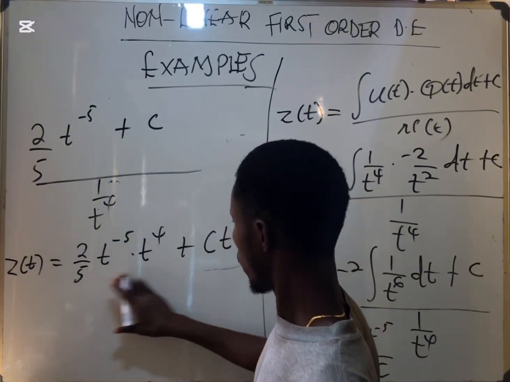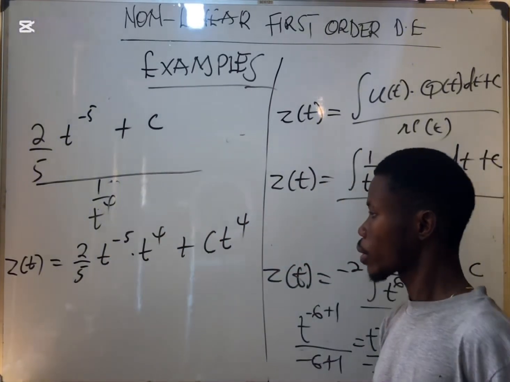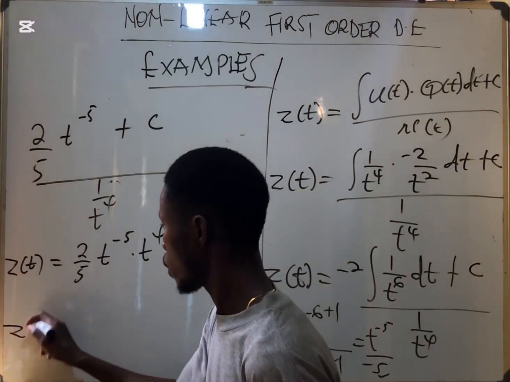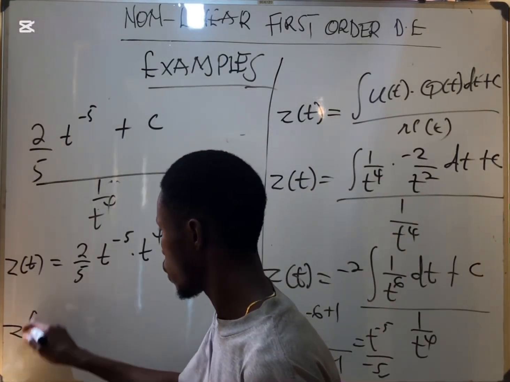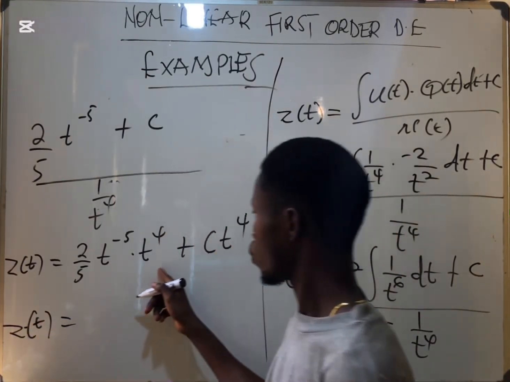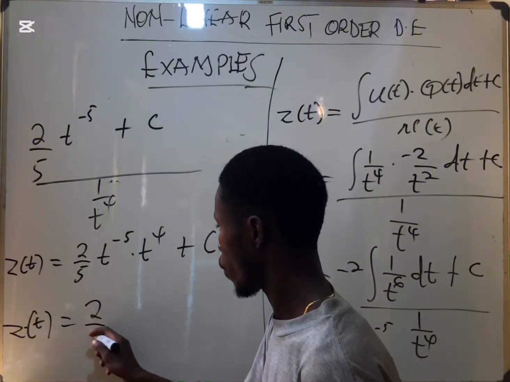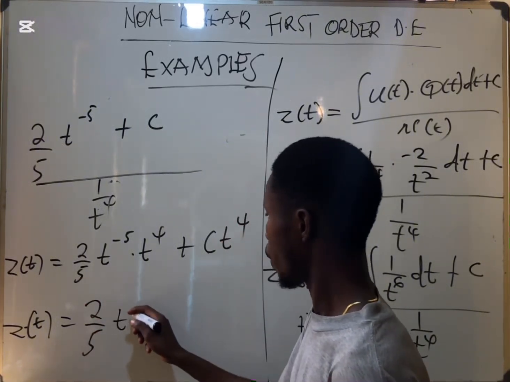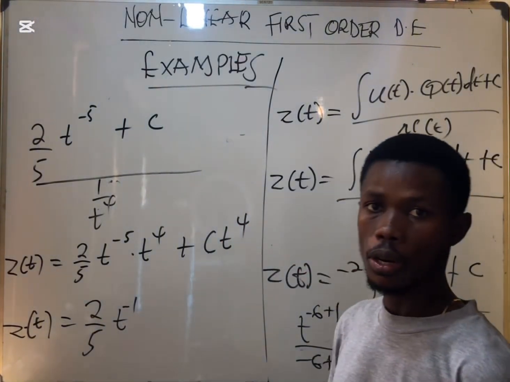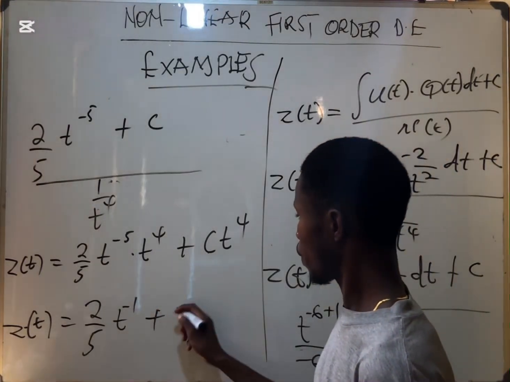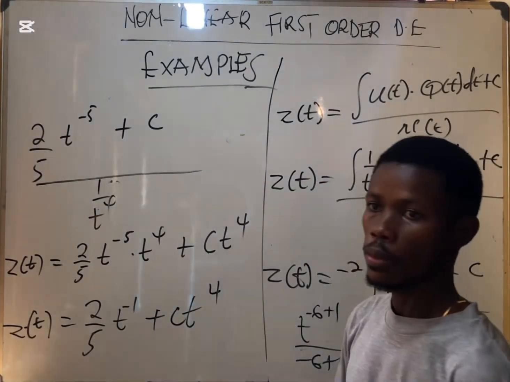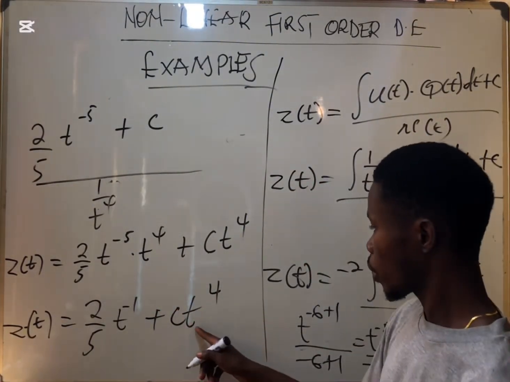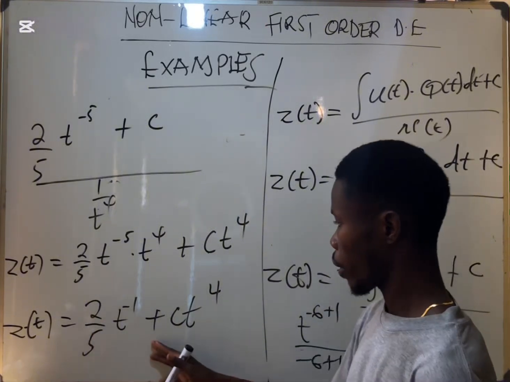I've already brought that one to the top there. So I have z of t equal to 2 over 5 t to the power negative 1 plus c multiplied by t to the power 4.